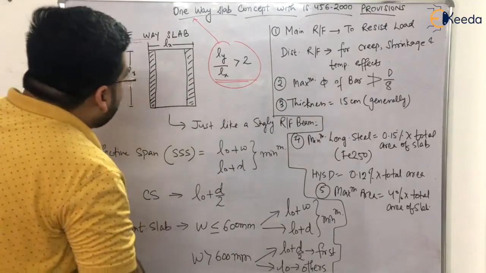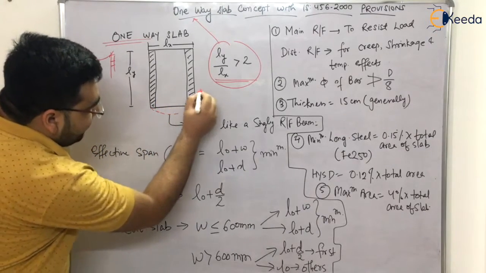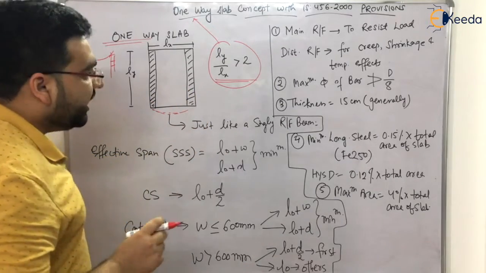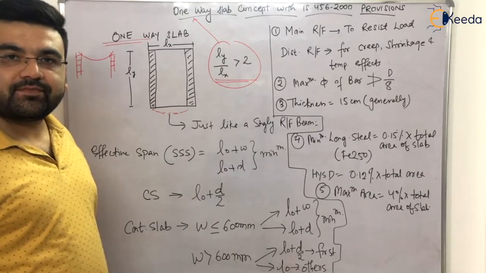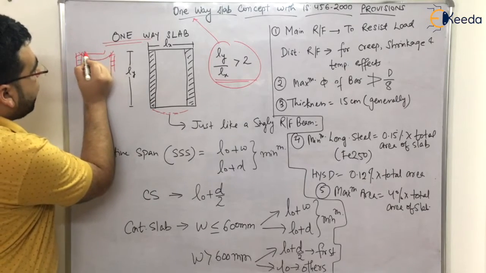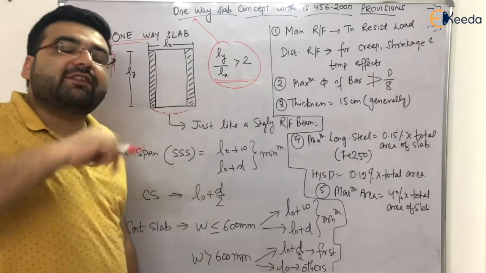Okay. Now, what do you think, if the slab is deflecting like this, if I take the front view, in which direction should the main reinforcement be? Because it is deflecting like this, if I provide the main reinforcement like this, the main reinforcement will resist the deflection.